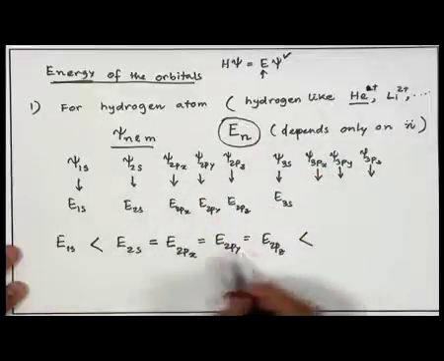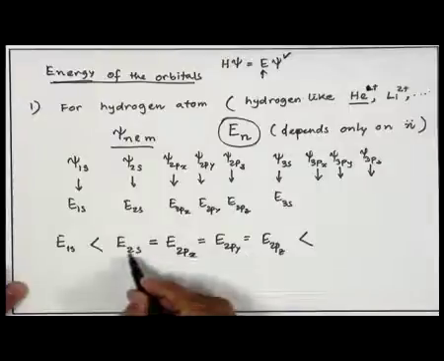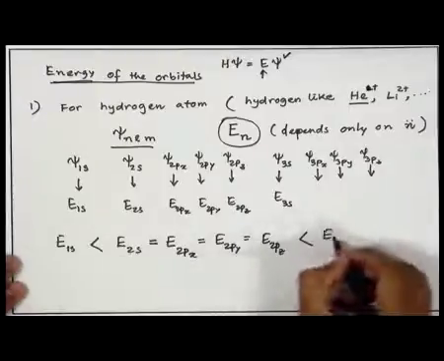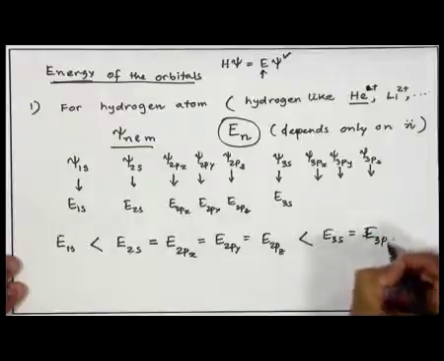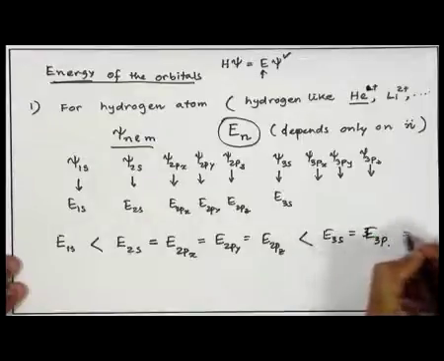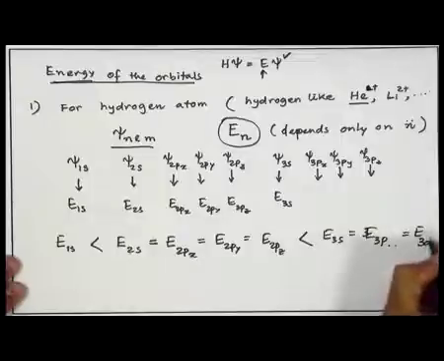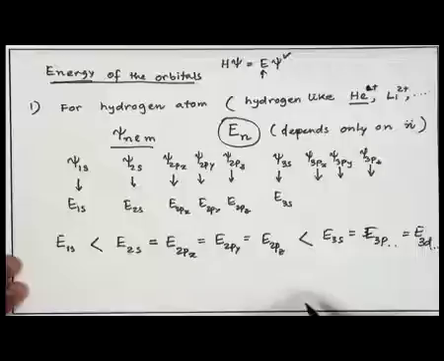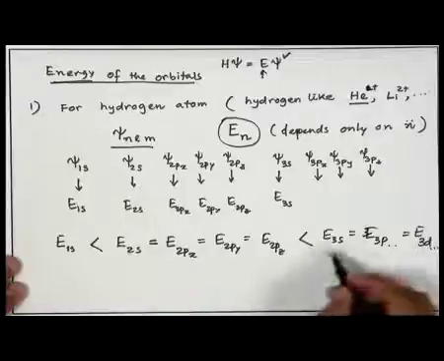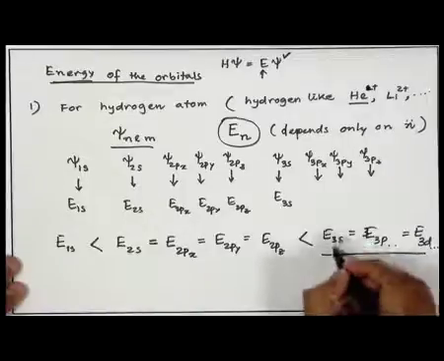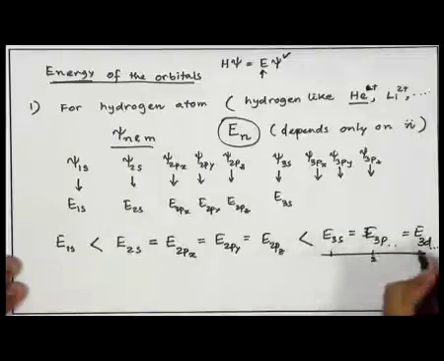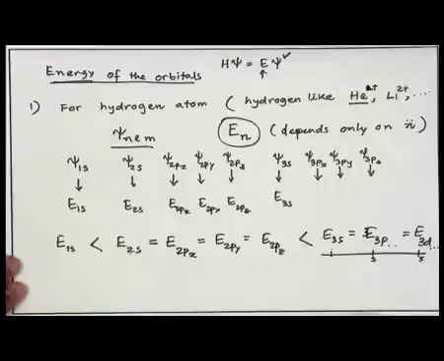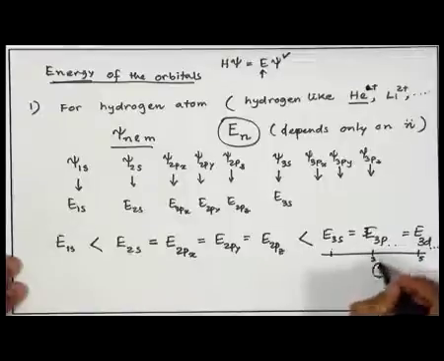All these 4 orbitals have the same principal quantum number n, and similarly E3s, which is again equivalent to E3p x, y, z, and it will also be similar to E3d xy, yz, zx, x square minus y square or z square. So, here you can see 1 orbital from 3s, 3 orbitals from 3p, 5 orbitals from 3d. So, total 9 orbitals have the same energy.